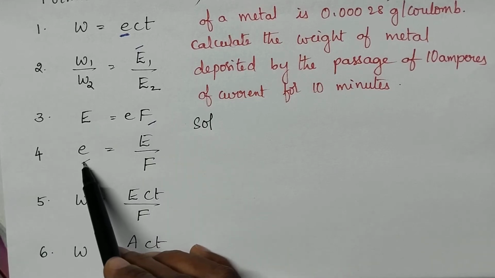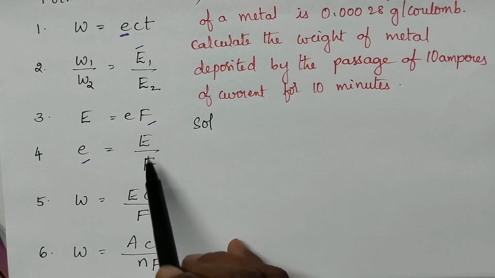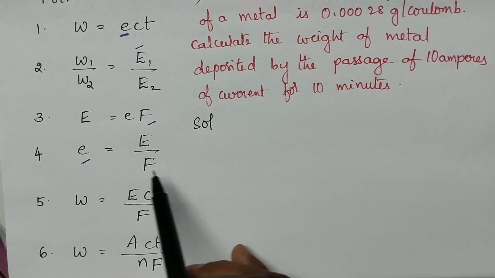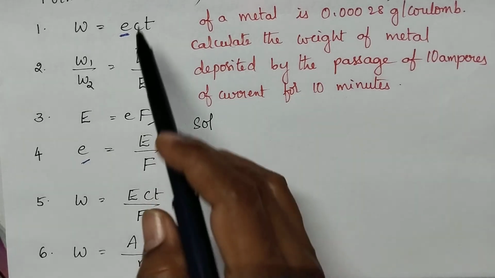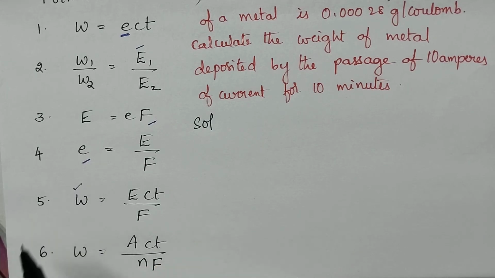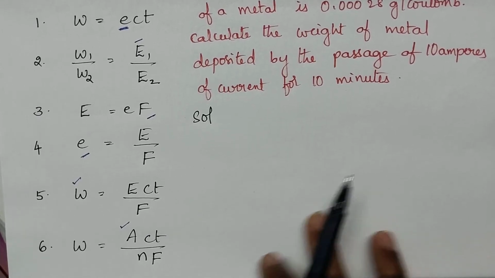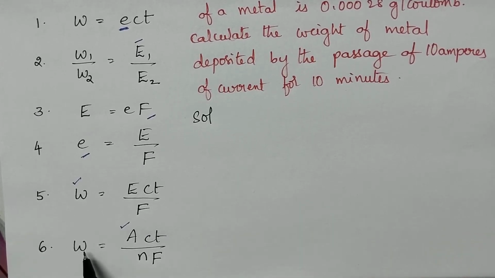So we can write the expression for small e as small e is equal to capital E by capital F. Remember that if the value of small e is not given, then also we can calculate the weight of the element deposited at the electrode by using the expression W is equal to capital E into C t by capital F. And if you know the element, then it is also possible to calculate the mass of the element deposited only by knowing the atomic weight.